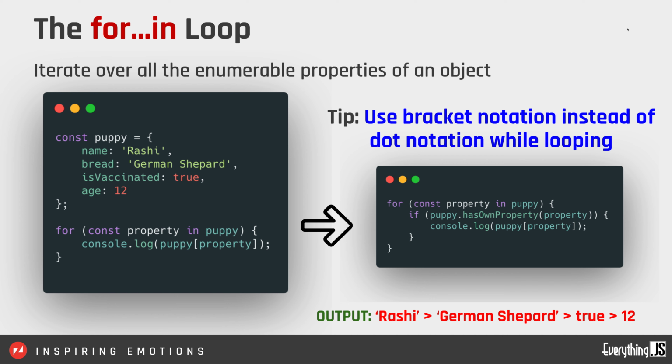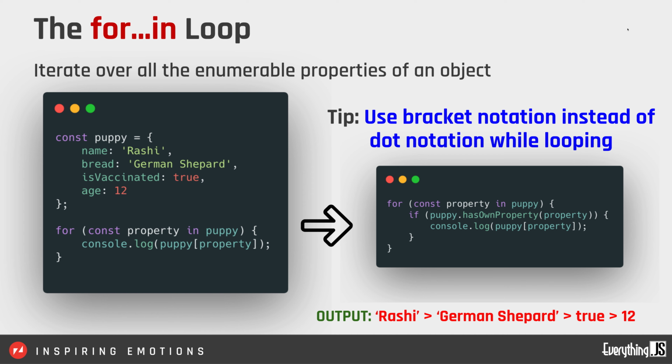The property refers to a string. So it will look into the puppy object and check whether the key is available inside it, and if it is available, it will log it to the console.